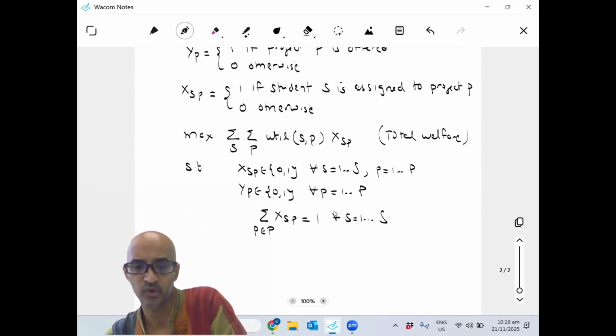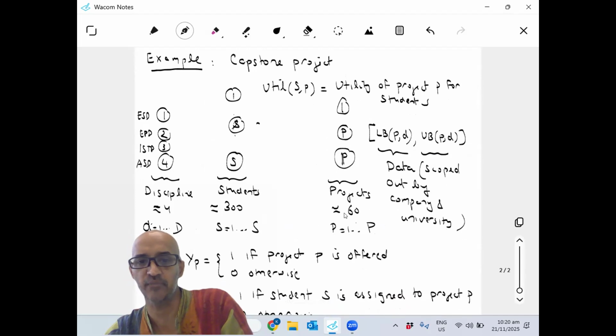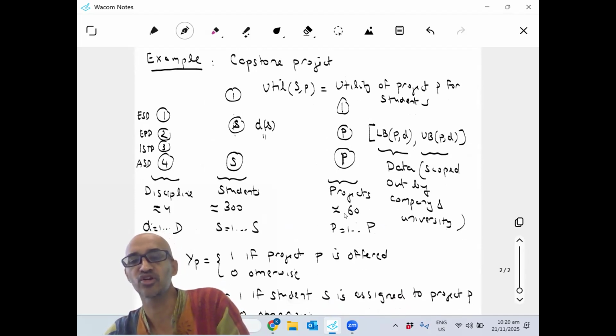Okay. So what happens is, you want to ensure that the sum of XSP, sum across all students, okay. And just to illustrate the discipline of a student, I'm just going to assign an index. Let's call this D of S. This is the discipline of student S. Okay, it's known data, right?